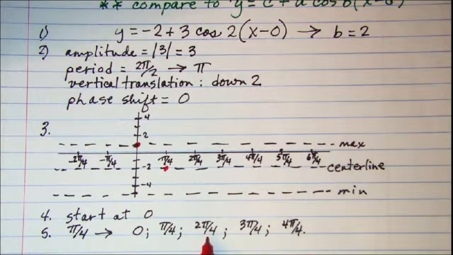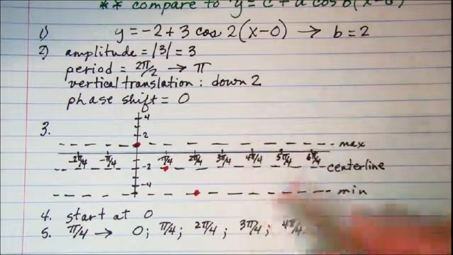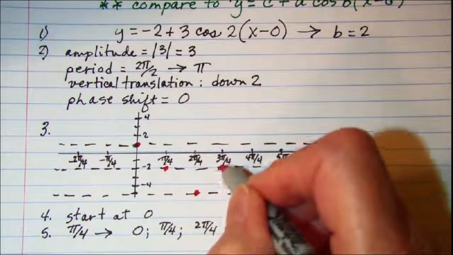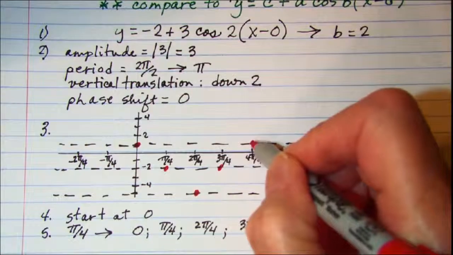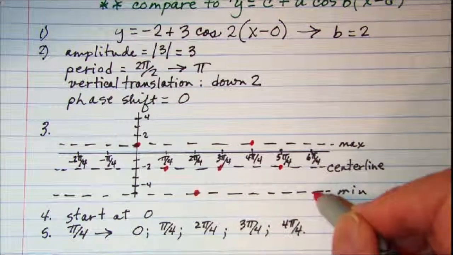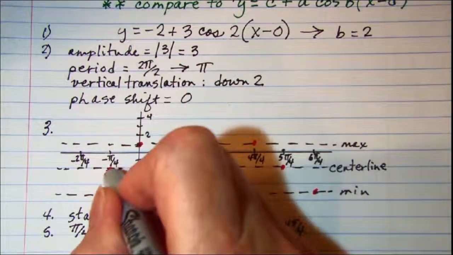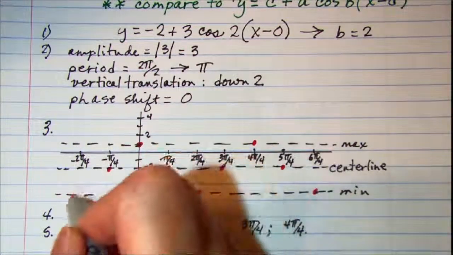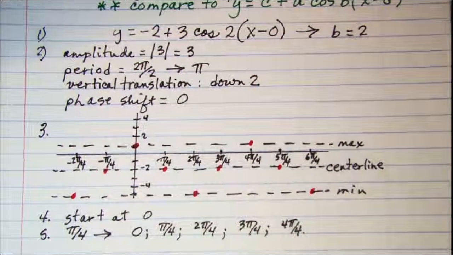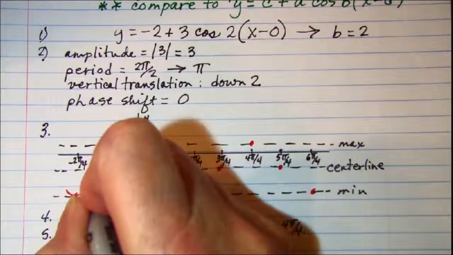And then at 2 pi over 4, I hit the minimum. And then the center line. And then the max. I can continue. And if I continue to the left, connecting these dots will give me my cosine curve.